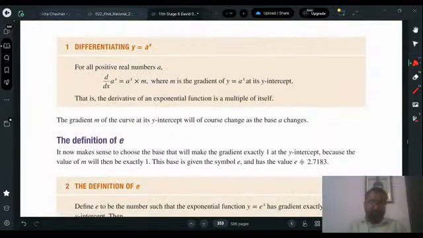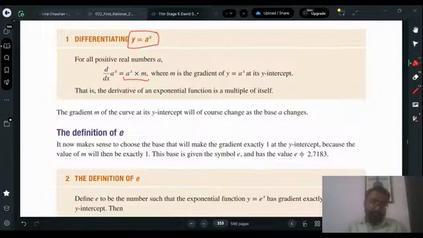So what is this? The derivative d by dx of a power x is equal to a power x into m. M is the gradient of the derivative of a power x at its y-intercept. It will come.